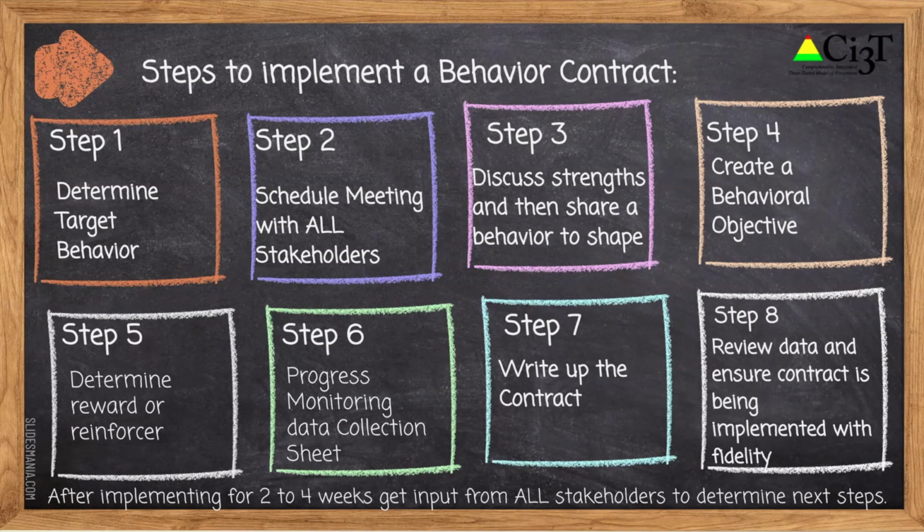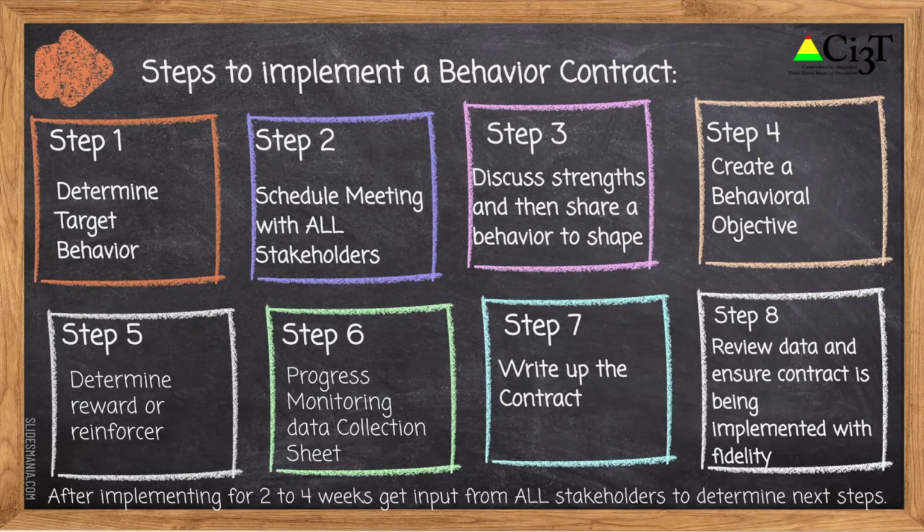Step 6 is progress monitoring, data collection sheets, determine what data to collect, how to collect that data. Are you going to have regular, like each week, let's look over the data and determine if the intervention has been successful. What do we need to do differently? If it's been successful, do we carry on? Do we adjust it?